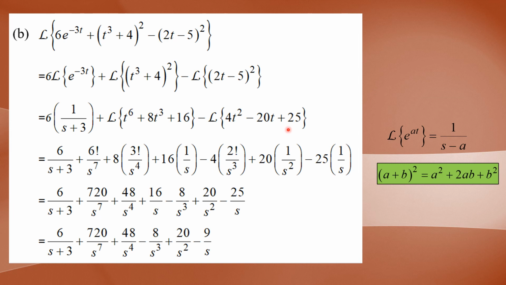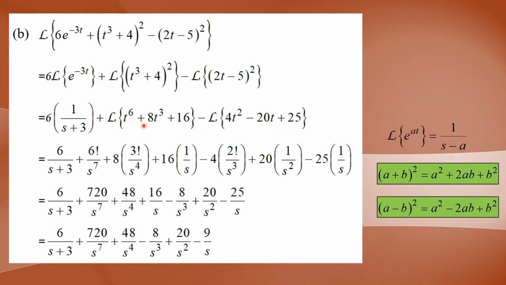Another approach is applying the formula (a minus b) squared equals a squared minus 2ab plus b squared, where a is 2t and b is 5. So a squared, squaring the 2t, we get 4t squared, minus 2 times 2t times 5 gives negative 20t, plus b squared, plus 25.